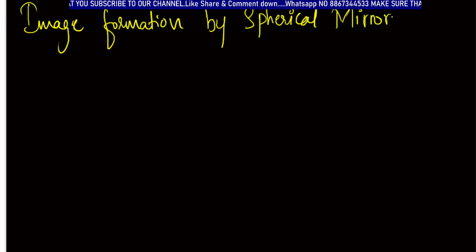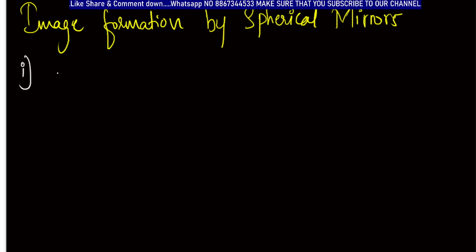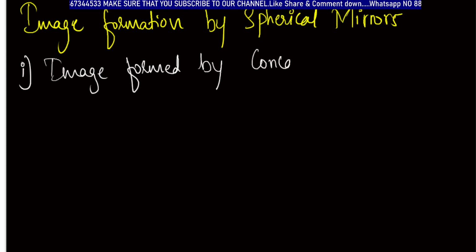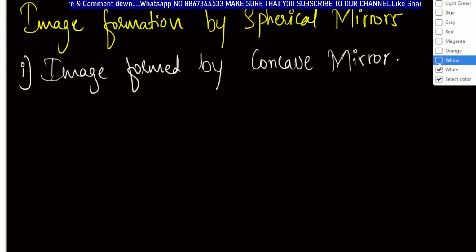The first is image formed by concave mirrors. In case of concave mirror, the image is always erect, okay? Points to be remembered.